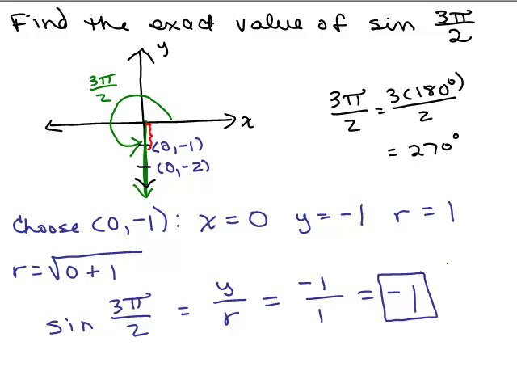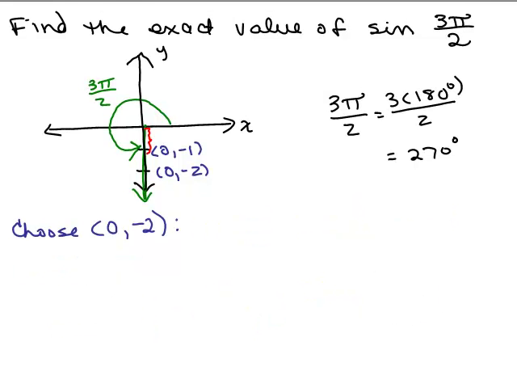Now I said you could pick a different point. You could pick 0, -2 instead. So what would have happened if I would have picked 0, -2? All right, so that means our value of x is 0, y is -2, and what's r in this case?